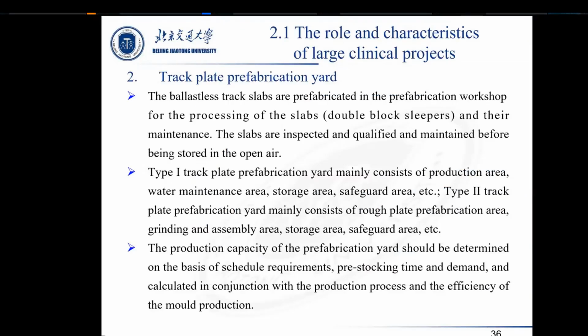The second is the track plate prefabrication yard. These track plates generally adopt factory prefabrication. The field scale depends on the size of the prefabricated engineering volume and the supply period.